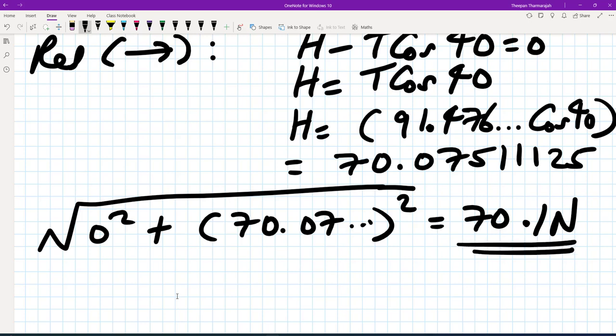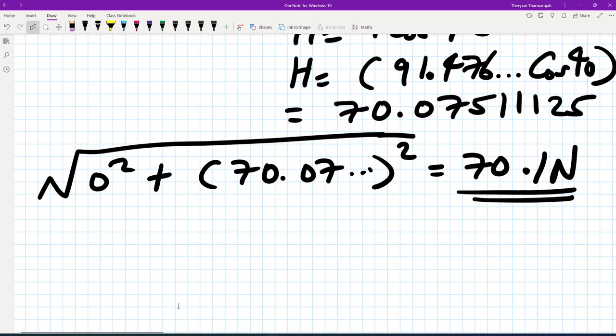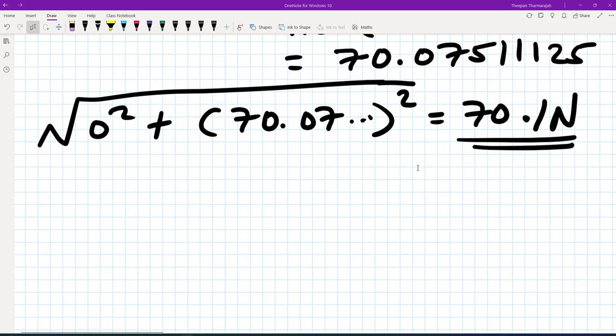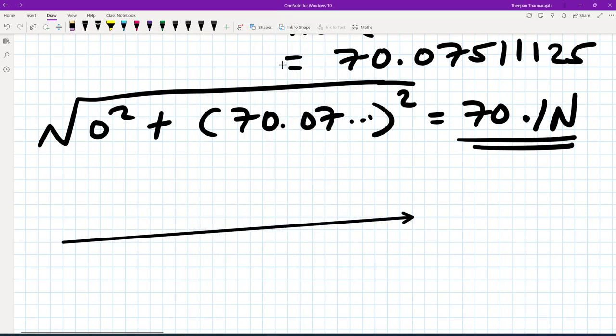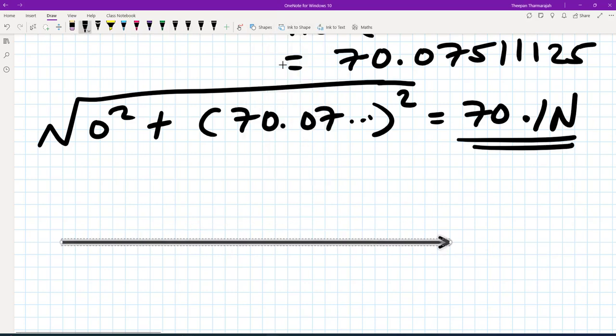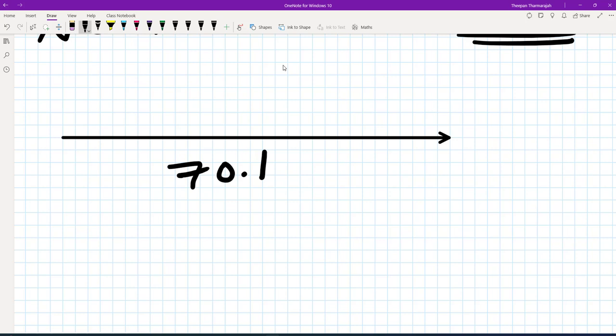So essentially what's happening here is we only have a horizontal component, meaning 70.1. There is no vertical component. So we can say the following.